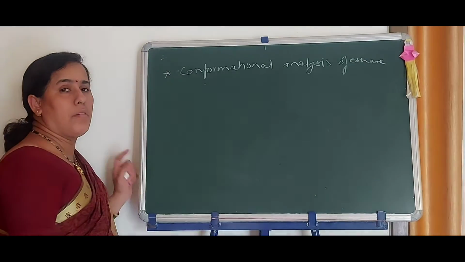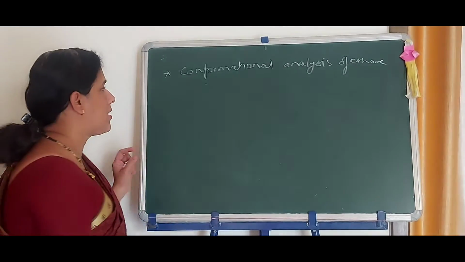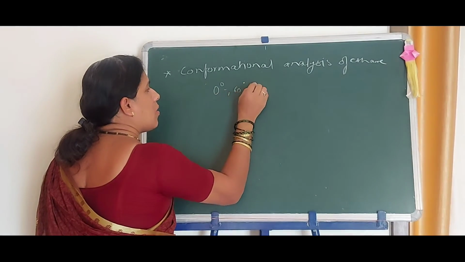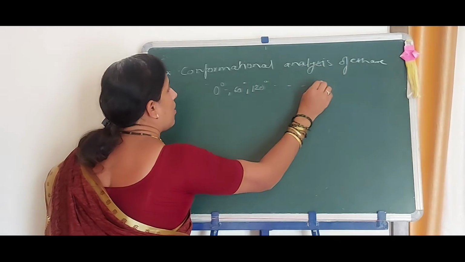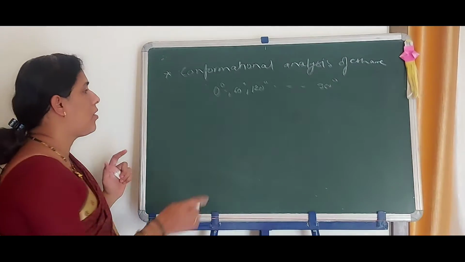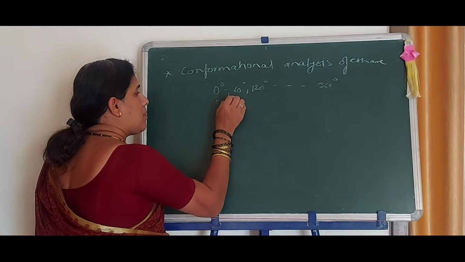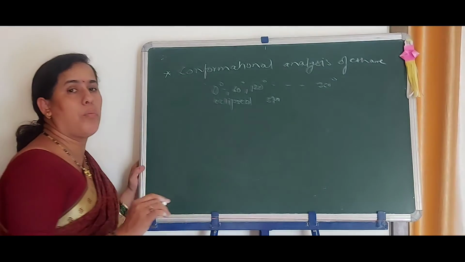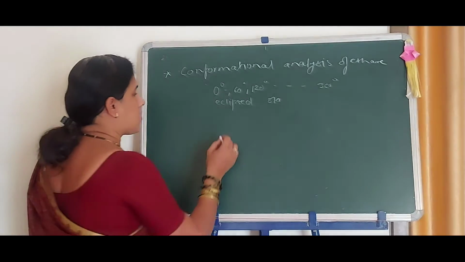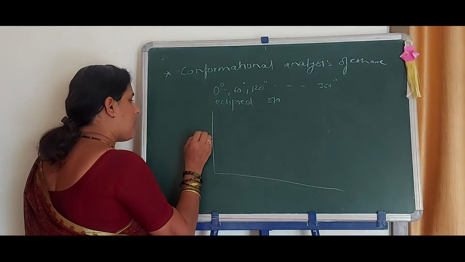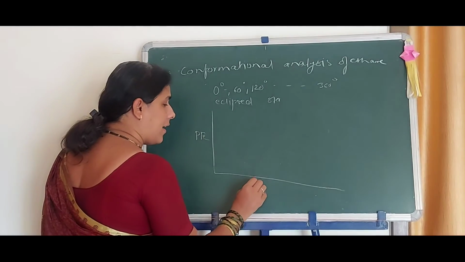Now, whatever may be the dihedral angles from 0 degrees, 60 degrees, 120 degrees, up to 360 degrees, what are its conformations according to its eclipse and staggered form with the help of a potential diagram? In the next lecture we will see PE against dihedral angle.